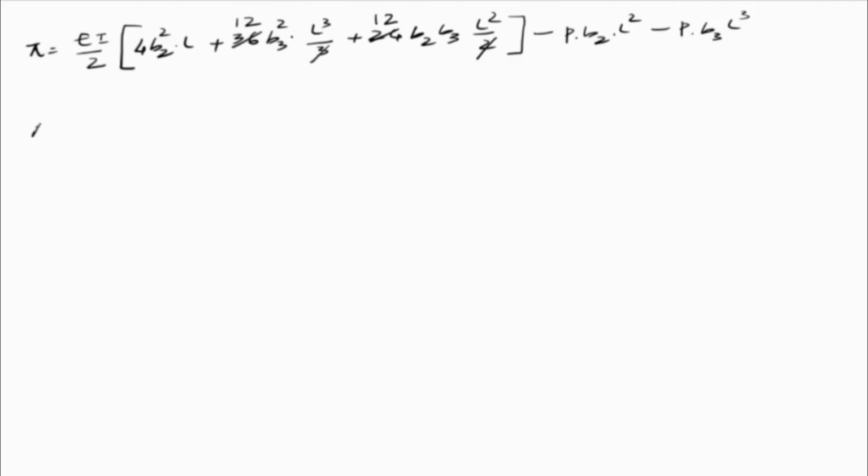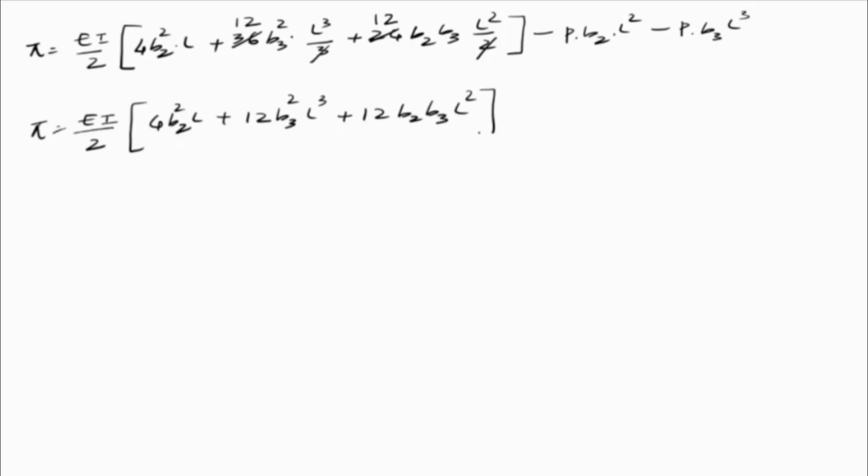Okay, so P is equal to EI divided by 2 into 4 b2 square L plus 12 b3 square L cube plus 12 b2 b3 L square minus p b2 L square minus p b3 L cube. Okay, so this is now my simplified P function.